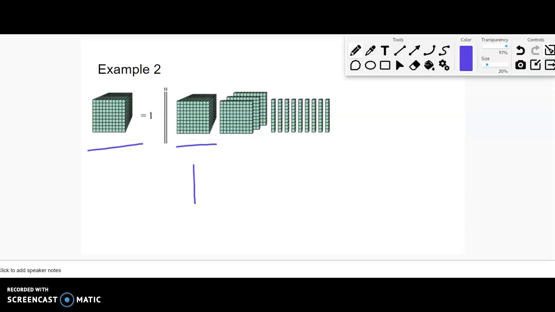I do start with one whole. Here are my tenths. I have 3 of them, so I'm going to put a 3 in the tenths place. I have 1, 2, 3, 4, 5, 6, 7, 8, 9 hundredths. So I'm going to put 9 in my hundredths place. Now I don't have any thousandths, so I can put a 0.